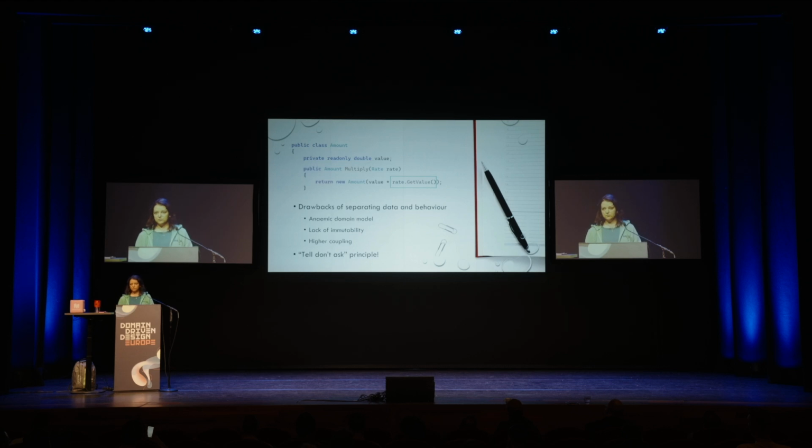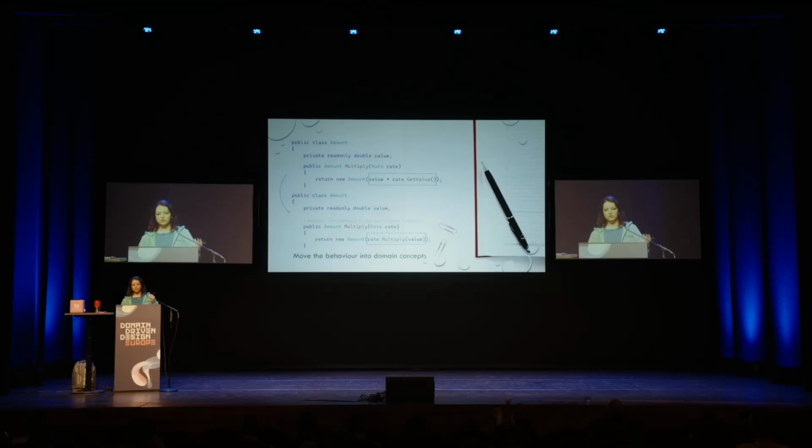And keep in mind the tell, don't ask principle. That means that instead of getting the value, bring the behavior inside the object itself. So in this case, moving the behavior into the rate instead of getting the value. So we have the method multiply in the rate itself.